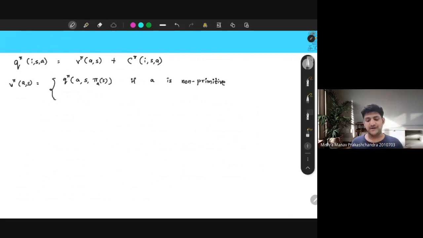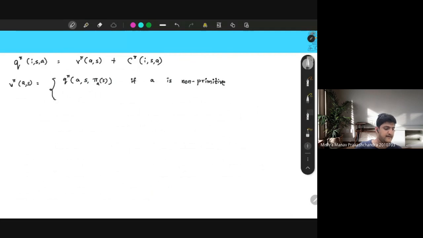Okay, if it's a non-primitive action, then I make a further call to the lower subtask in the hierarchy, and I look at the q function for the ath subtask in this case, if that is not a primitive action.